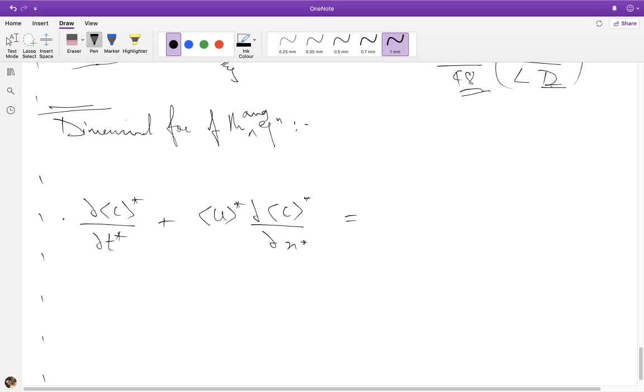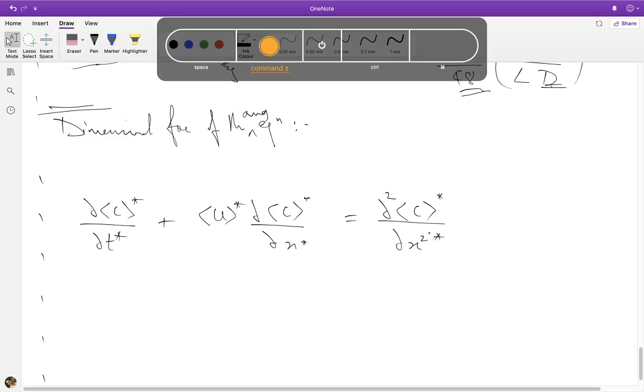Remember this was throwing out L by UC, which will go to the other side as UC by L. So I get a ∂² of the average concentration star, ∂x² star, sorry.